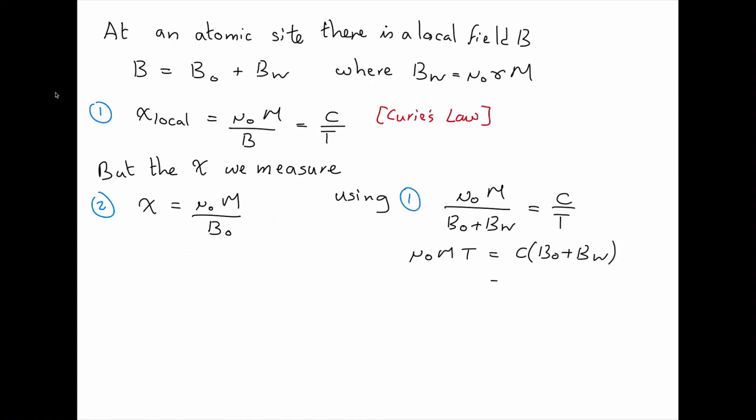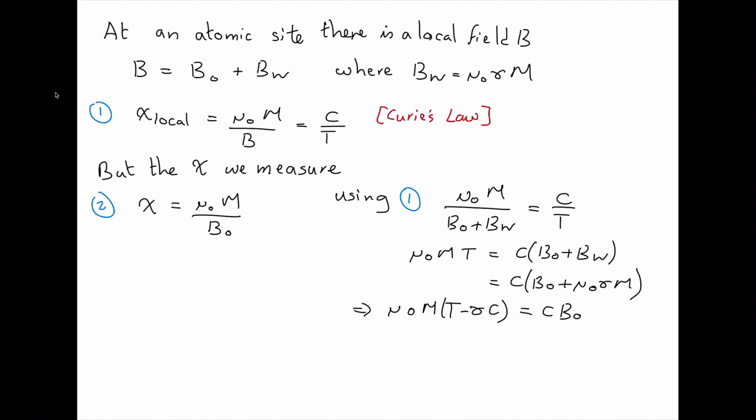But I know what B Weiss is because I can just substitute it in from up here, so that would give me mu naught gamma M. Now let's pull all the M's onto the same side, and we would get mu naught M (T minus C gamma) equal to C lots of B naught. Okay, and I'm nearly there now.